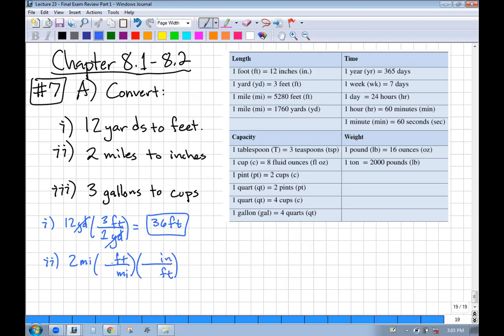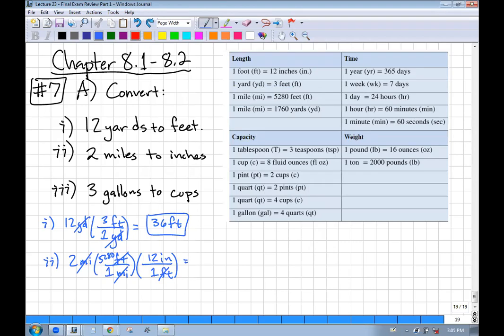So there is 5,280 miles. No, the other way around. Try that again. There's 5,280 feet in 1 mile. And there's 12 inches in 1 foot. So I'm left with units of inches. So then I'll use my calculator.